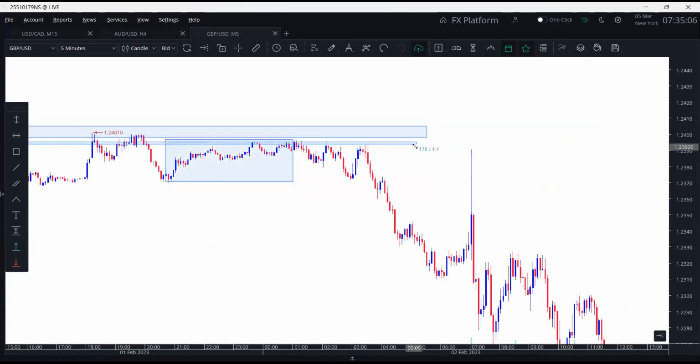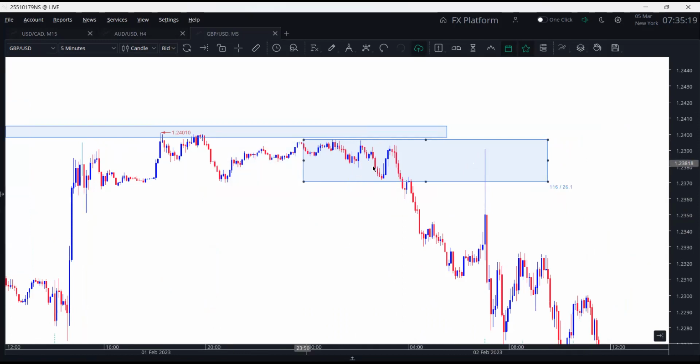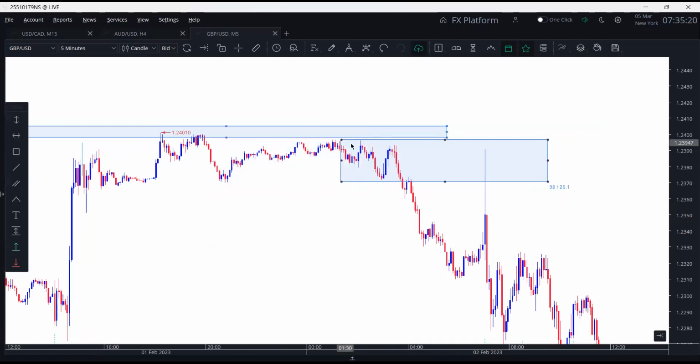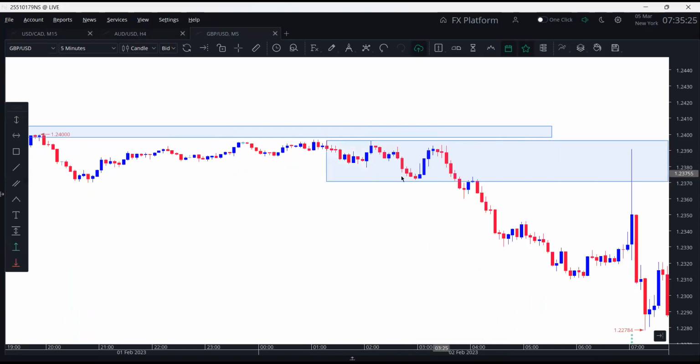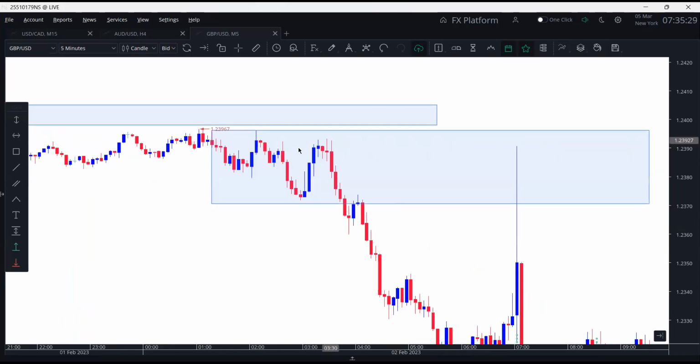So let me delete this one. It is in this area, and you see that when the price engulfs this low, it got back to this area, and price made the beautiful rejection right here.